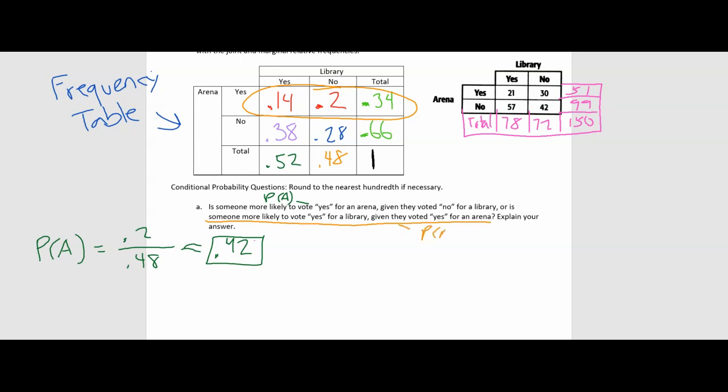We'll call this the probability of B. So the probability of B, yes to the library, is 0.14 over 0.34, because that is the total probability or the total frequency for yes to the arena. So 0.14 divided by 0.34 gives us approximately 0.41. Very close, actually, right? So it's actually more likely that event A happens, that somebody votes yes to the arena, given they voted no for the library.